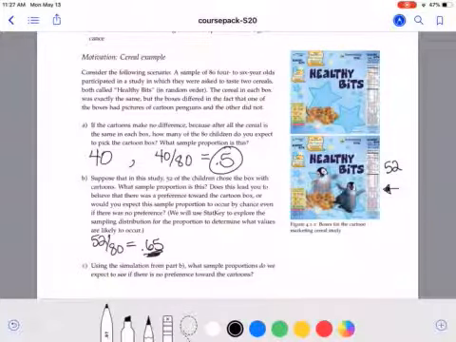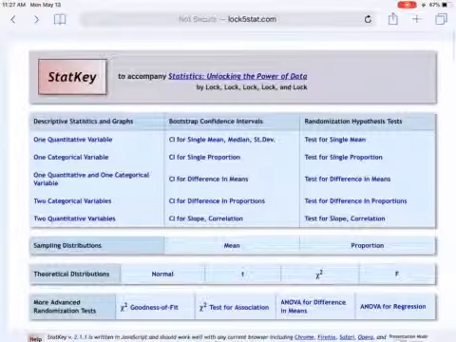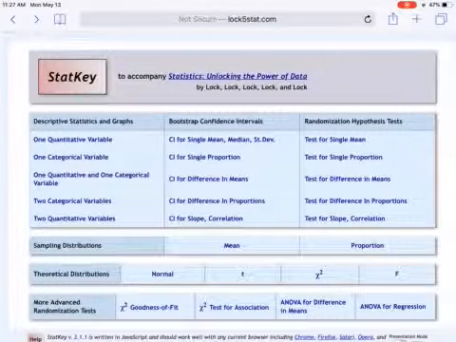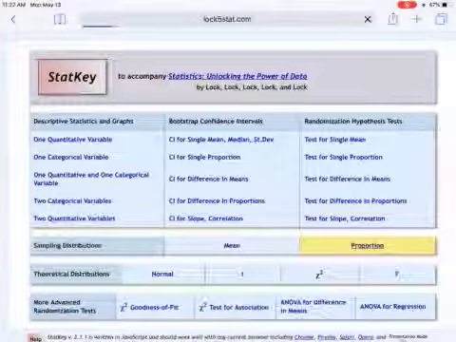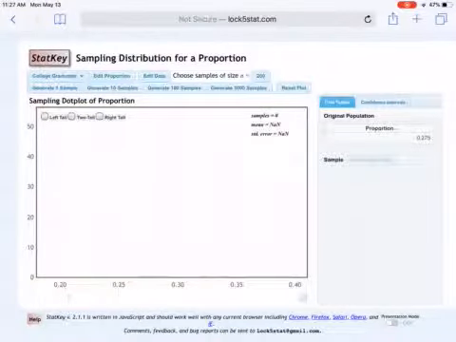What we're going to ask is, if it was really 50-50 in the entire population of children, what's the chance that this sample would occur? So if we look at our sampling distributions for proportion, we can set the true proportion at 50%, or 0.5.